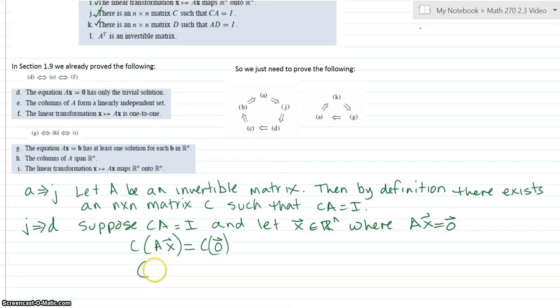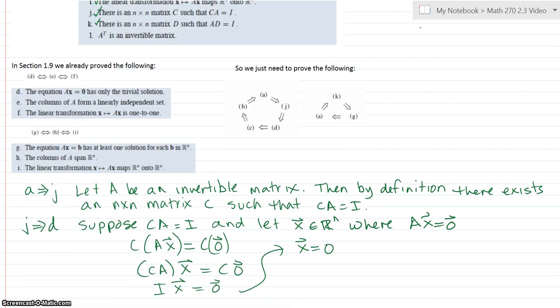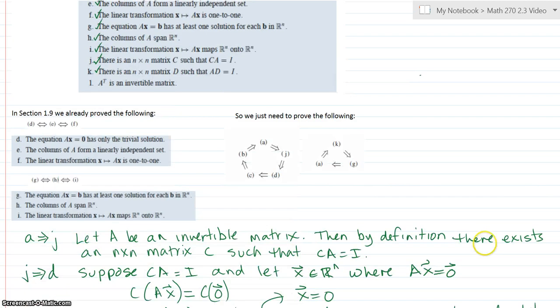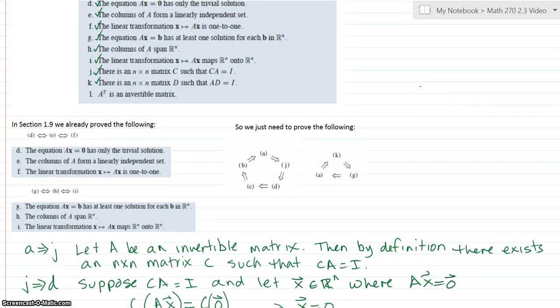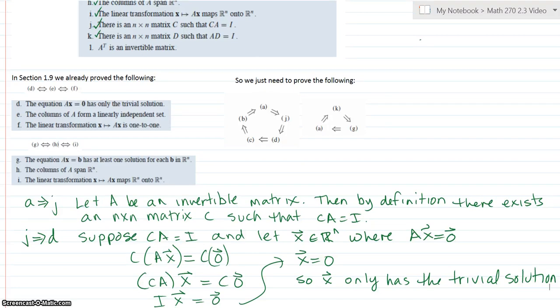So now we can say CA, that particular C that made this I, that's just 0, which means that x equals 0. So therefore, the equation only has the trivial solution, which is what D was.